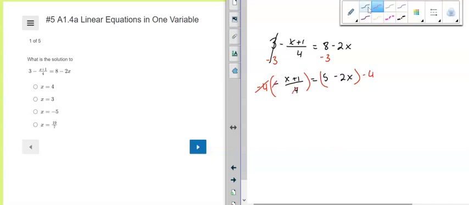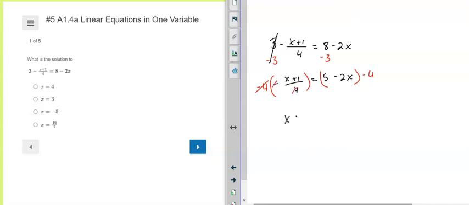And then I have here x plus 1 on the top equals, and we're going to have to distribute this because we're multiplying it. So that's negative 20. Negative 4 times negative 2 is positive 8x. And we're going to subtract 8x on both sides to isolate the variable, so that is negative 7x plus 1 equals negative 20.